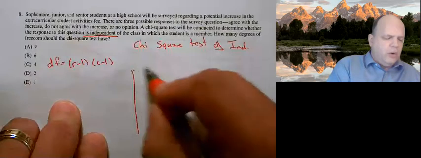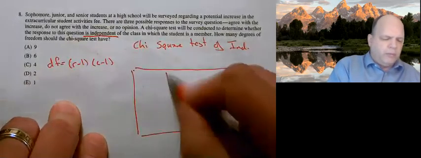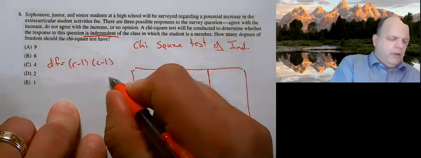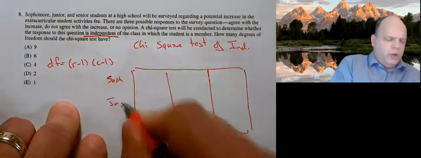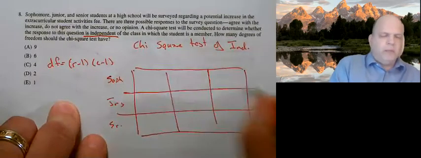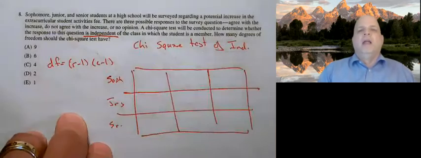And when I do, I find out I have some categories. So first off, I have sophomores, juniors, and I also have seniors. That could be 3 rows. It could be 3 columns. It really didn't matter which way I broke them up.